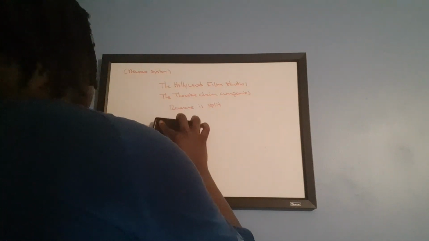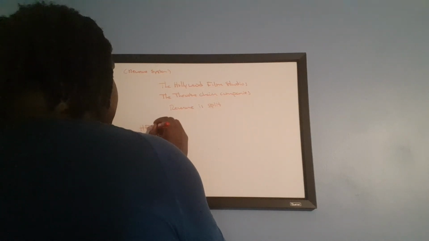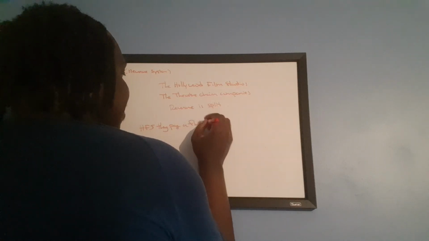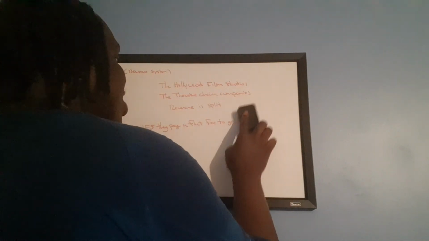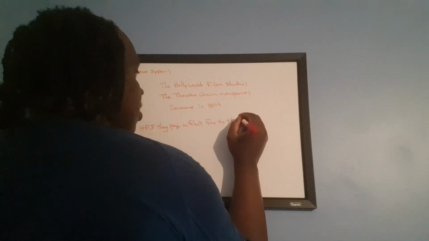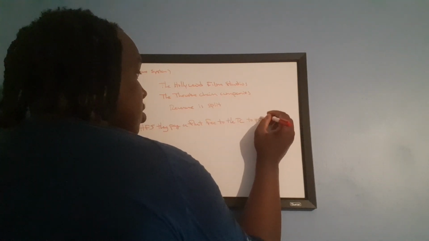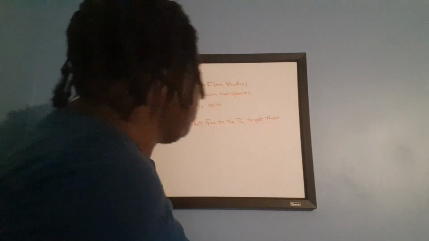This is how it works. I'll say HFS. Okay. So Hollywood film studios, they pay a flat fee. I'm running out of camera space. They pay a flat fee to the theater chains, TC, obviously, to put their movies in the theaters, right?